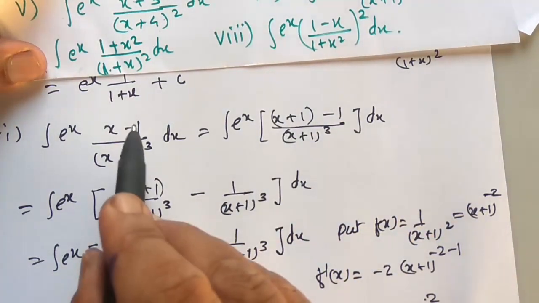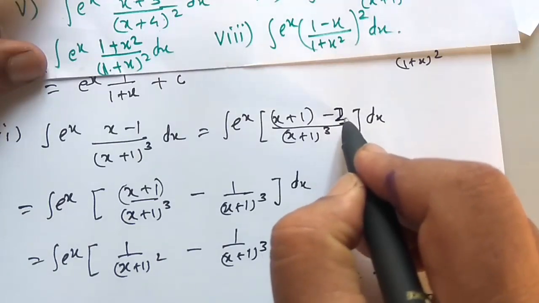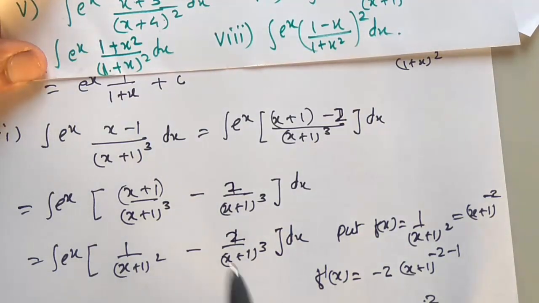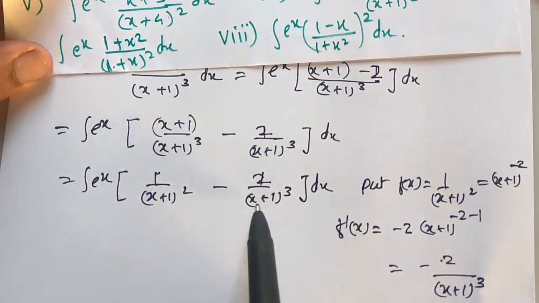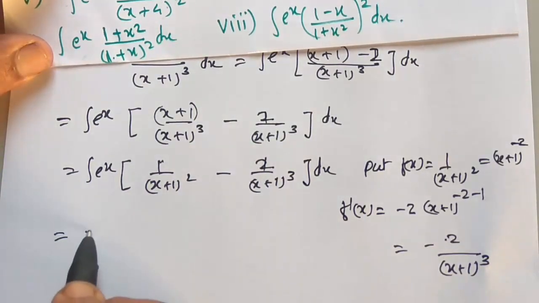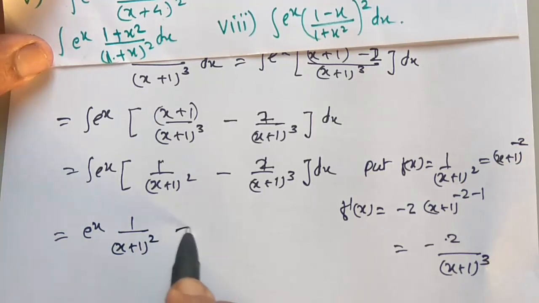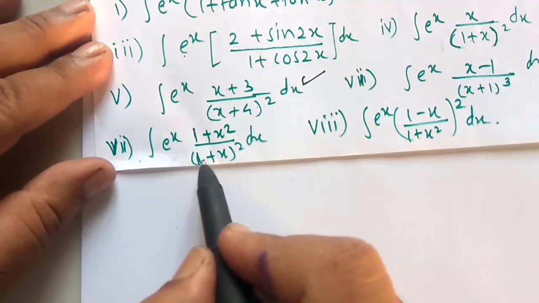Here I added 1 and subtracted 1, so the sign should match with minus 2. And therefore f of x is equal to 1 upon (1 plus x) whole square, its derivative is minus 2 upon (1 plus x) raised to 3. So the answer is e raised to x, 1 upon (x plus 1) whole square plus c. So this is the answer.